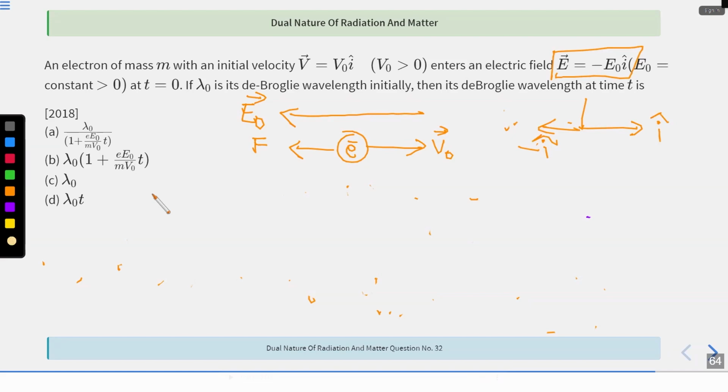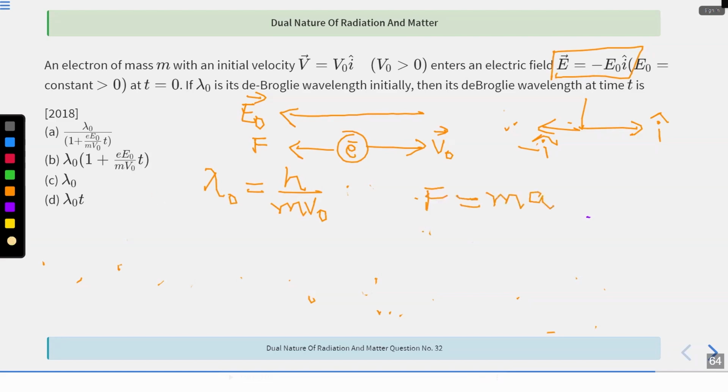So how do we approach this question? We know that initially lambda naught can be written as h by m v naught, where m v naught is the momentum. And we also know that force is equal to mass into acceleration.